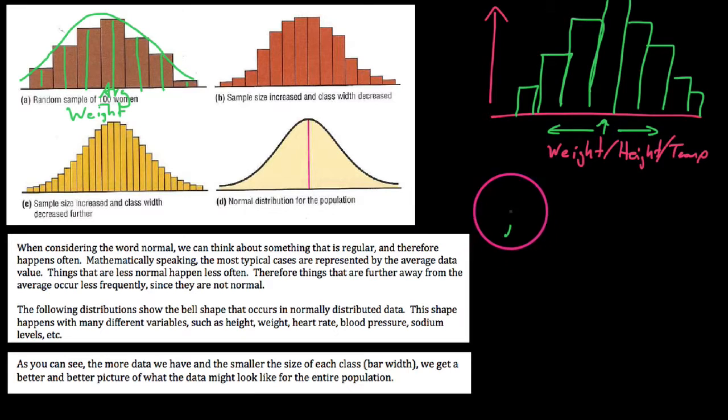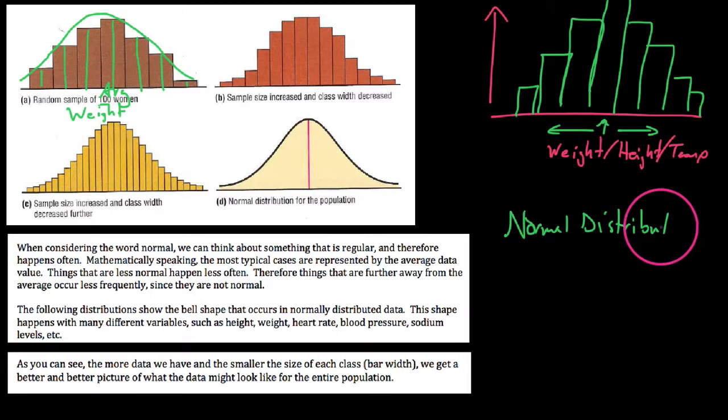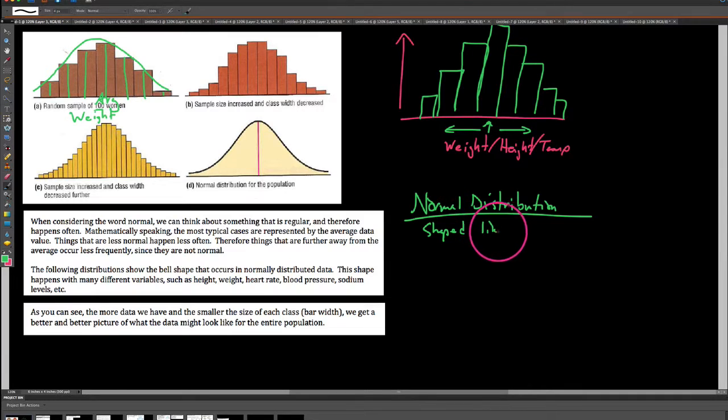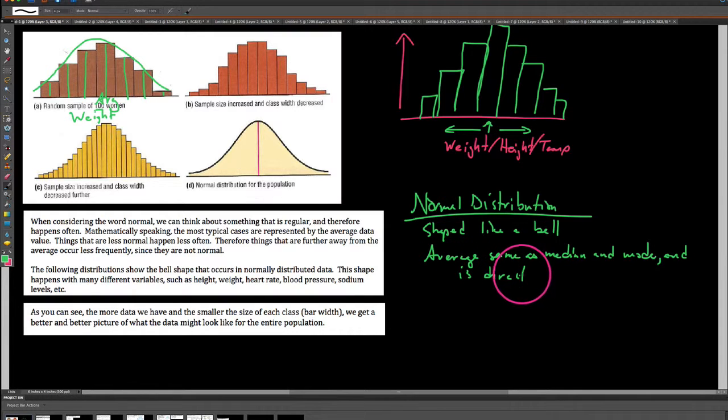To describe a normal distribution and its characteristics, we would say it's shaped like a bell. The average value is the same as the median and mode, and is directly in the middle of the bell.